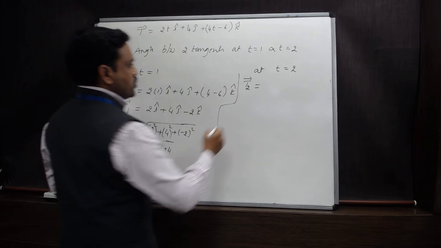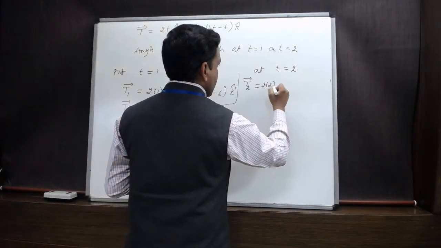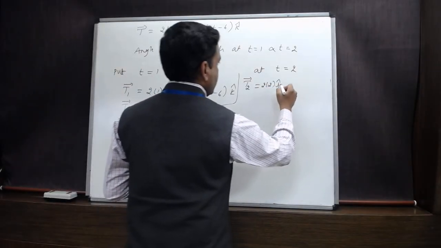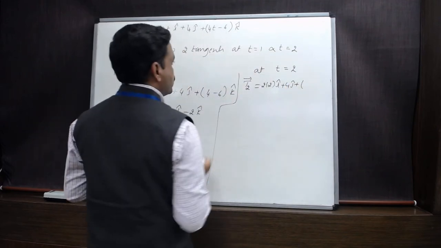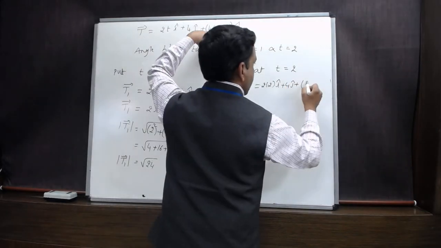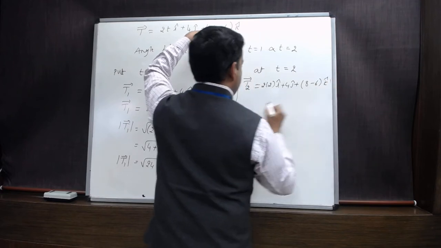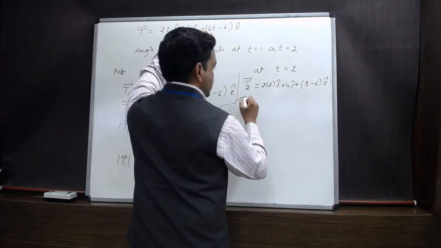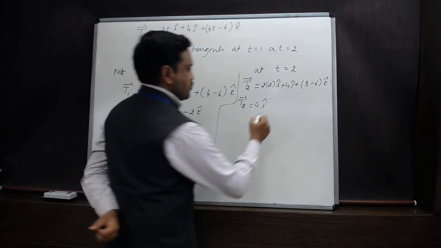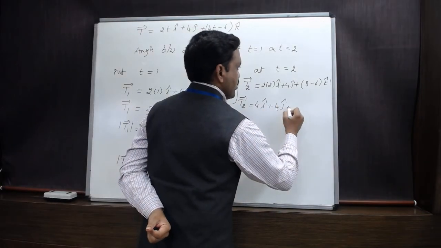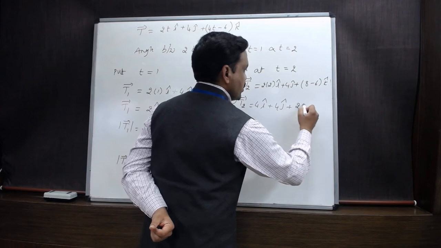T2 is equal to 2 into 2 i cap plus 4j cap plus 4 2s are 8, 8 minus 6 k cap. So T2 is equal to 4i plus 4j, sorry, plus 2k.